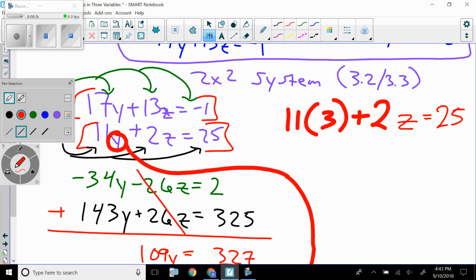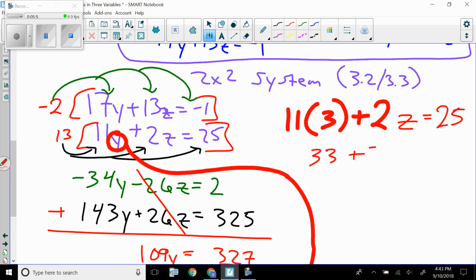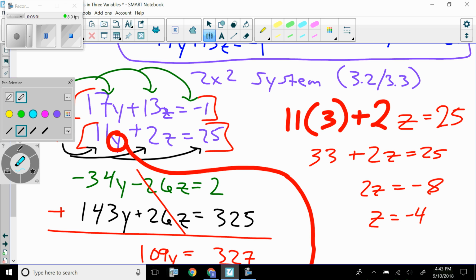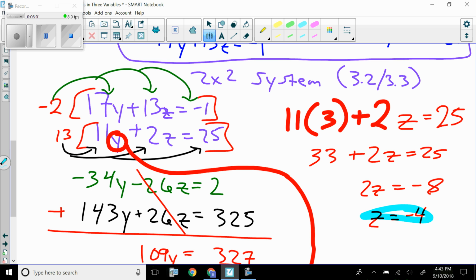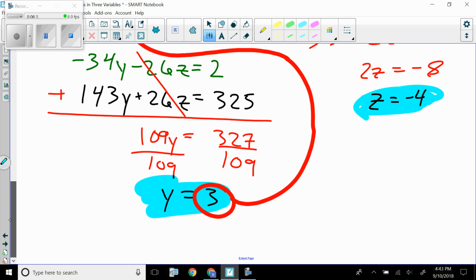Now I just need to solve this. Well, this is 33 plus 2z equals 25. If I subtract, I get 2z equals a negative 8. Divided, I get z equals negative 4. Again, we do not want to lose this answer that we just found. I got z equals negative 4, and I got y equals 3.